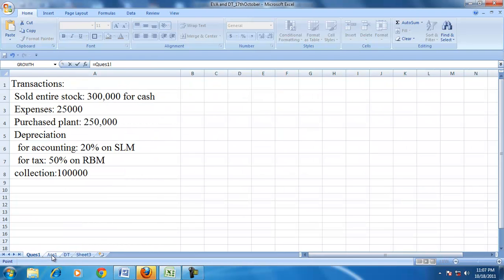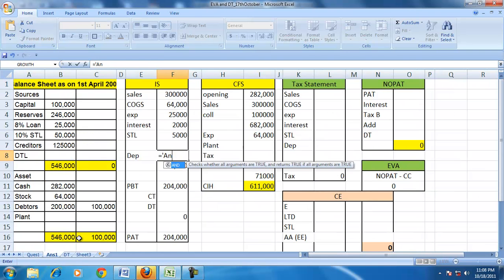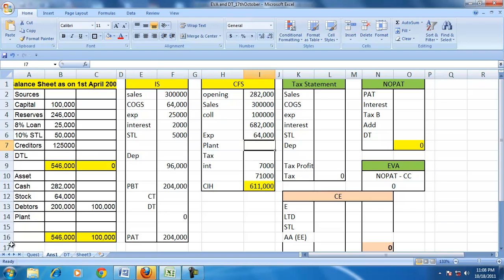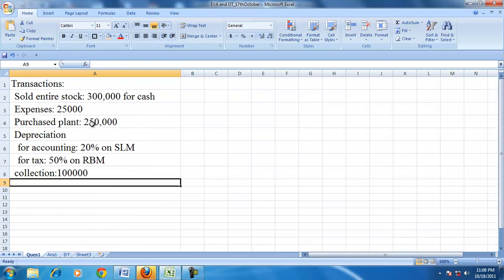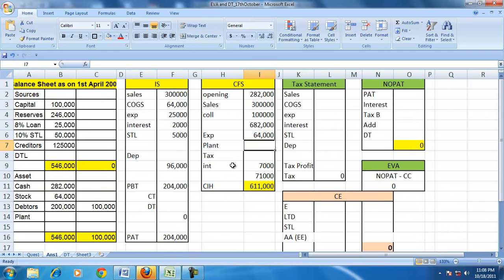Depreciation for accounting is straight line, but before that let us see the asset that has been purchased. A plant has been purchased for 250,000. So the plant purchase is a cash outflow, and the plant will appear on the balance sheet at 250,000, and we have to charge depreciation on that.